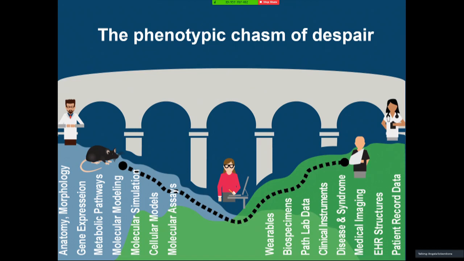We have lots of specimen data, path labs, all kinds of different clinical instruments to try to get information from patients. Many clinical descriptions of diseases and syndromes, medical imaging data, the messiness of EHR data and all of the complications that arise in that context because we don't actually describe the patient as a biological subject in the EHR. We describe them as a billing subject or quality of care subject.